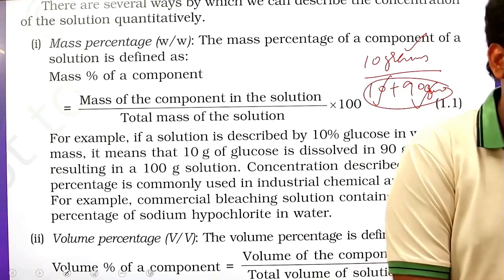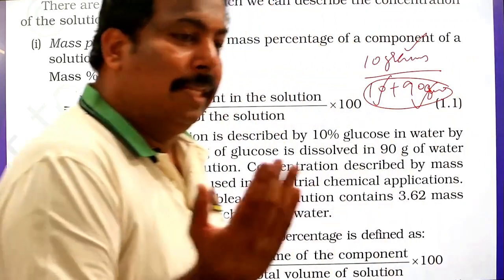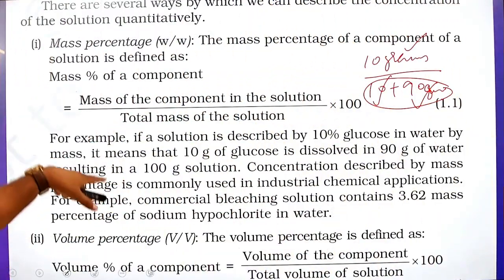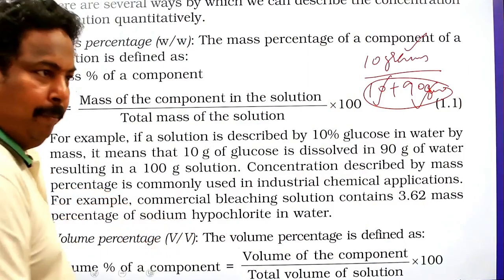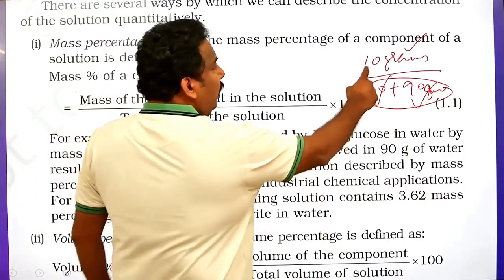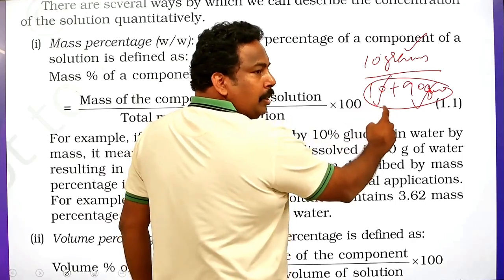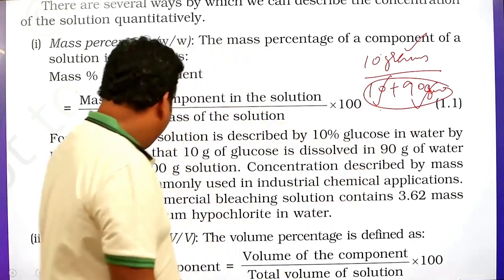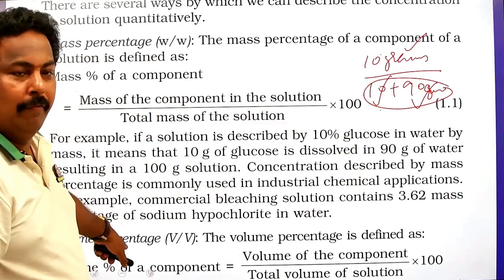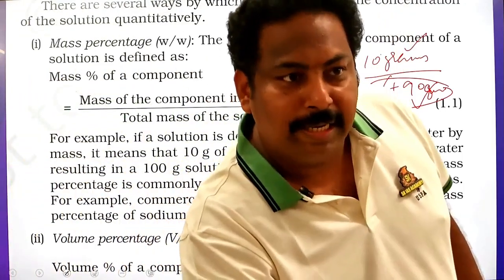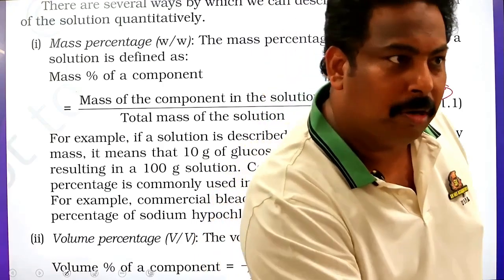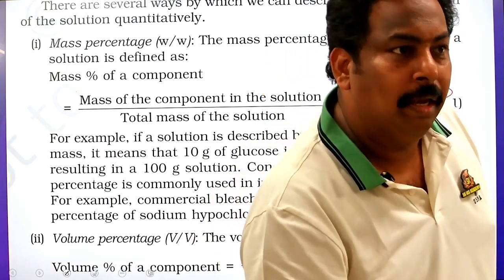Any doubts you have? The same way, you put ml and liters, okay? Ml or liters, whatever you want to do. Solute plus solvent. What you will get? V by V. Alcohol. 40% means what? 40% is alcohol, 60% is water.